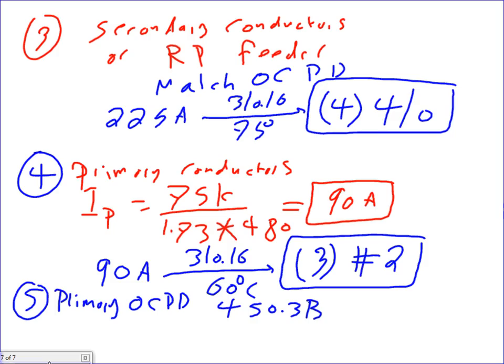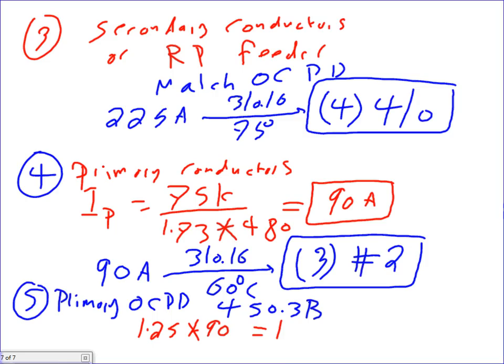Okay, so what's my multiplier? 1.25 times what's my 90? That gives you 113.